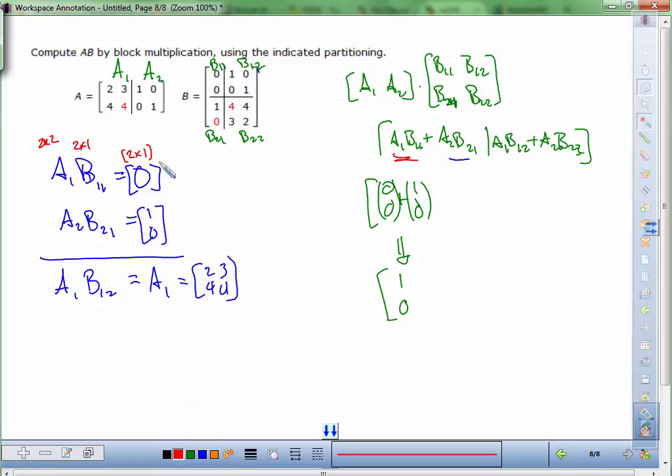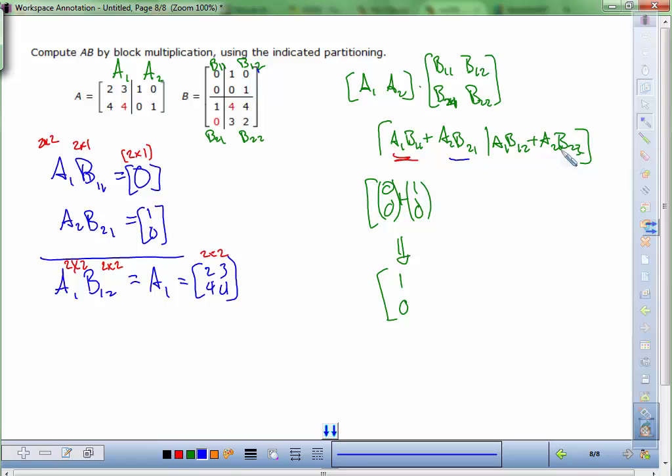All right, and we should always examine that A1 is a 2 by 2, B12 is a 2 by 2, so this is a 2 by 2 matrix.